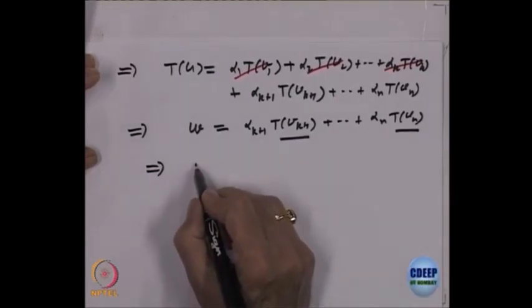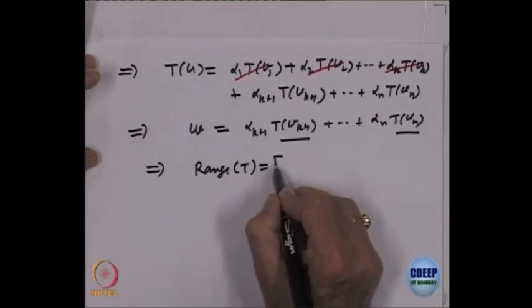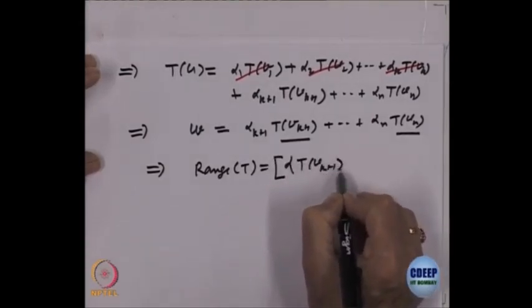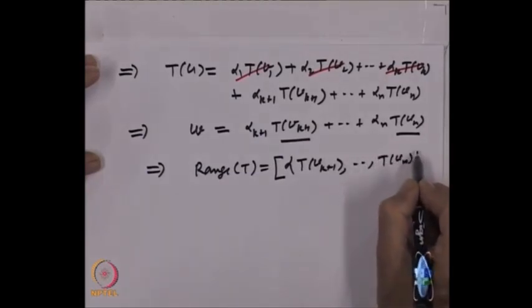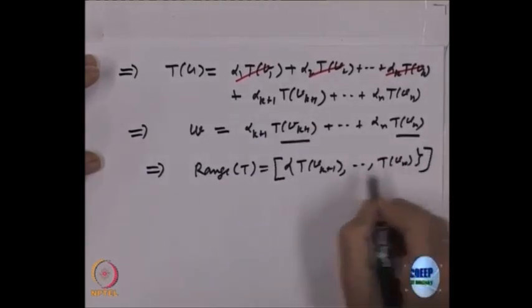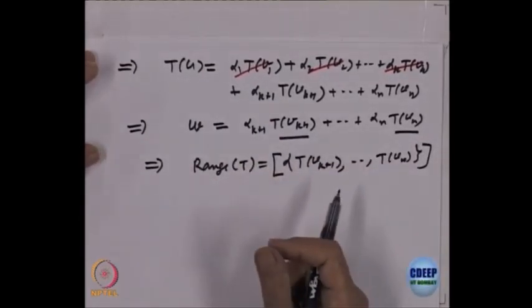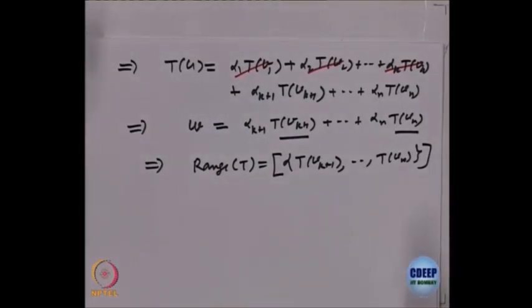That means, the range of T is the span of the vectors T of V k plus 1 to T of V n, right. These vectors span. The only thing we have to check now, if we want to show it is a basis, once you have got a set of generators, you want to show it is a basis, what should we do?